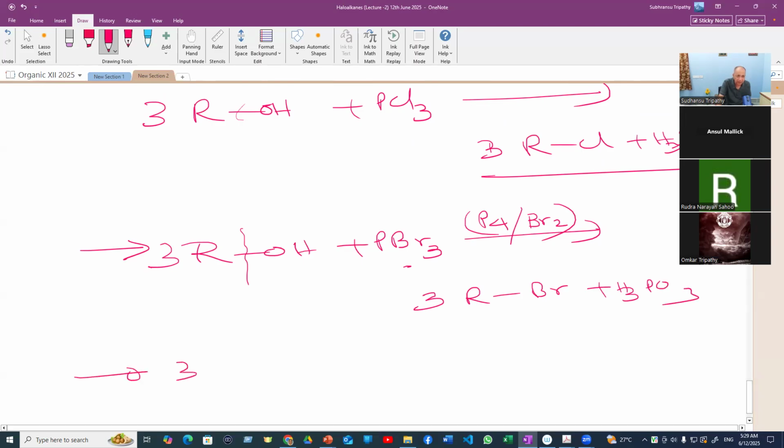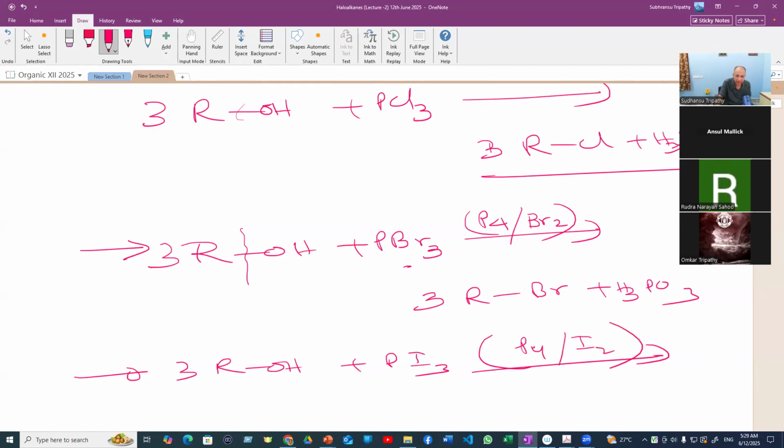Same thing will happen if you take PI3, which is not available, but you can get this PI3 by combining P4 with iodine. So you get RI plus H3PO3.